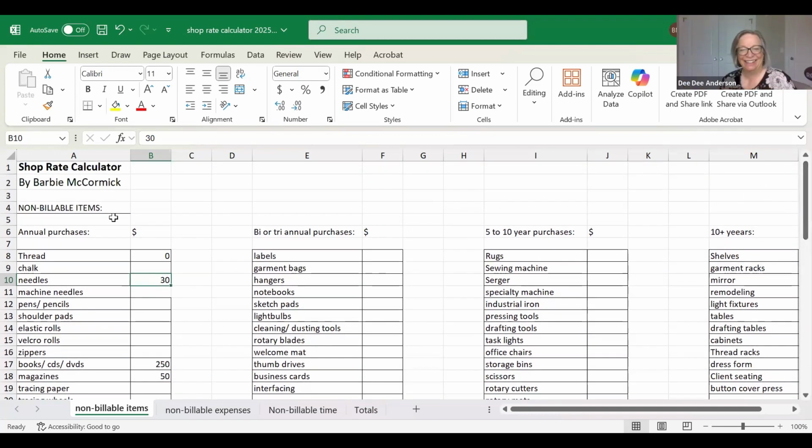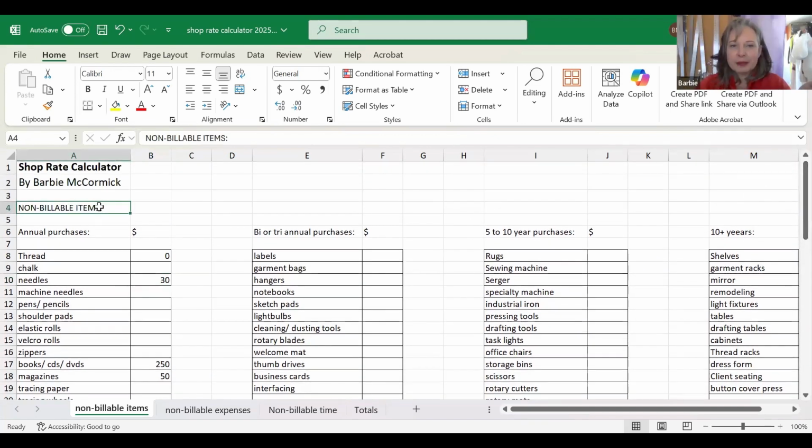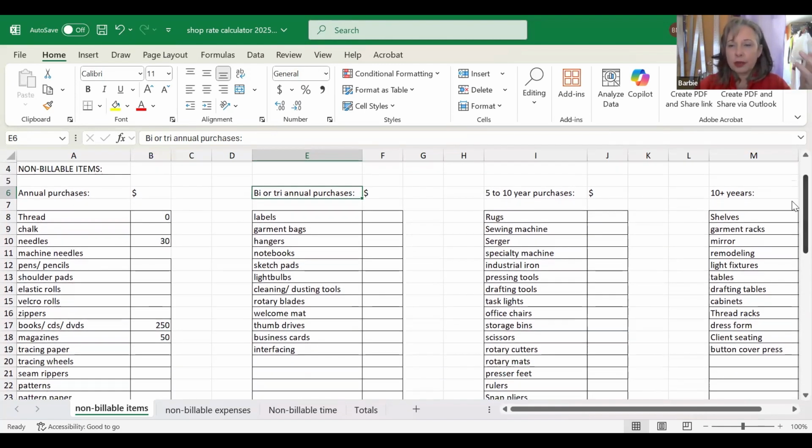Okay. Other non-billable items are items that you only buy every 2 or 3 years because they last a bit longer or you don't go through them as much. For instance, labels. If you do custom work and you put labels in your garments, if you order 100 of them, you might not make 100 custom garments a year.